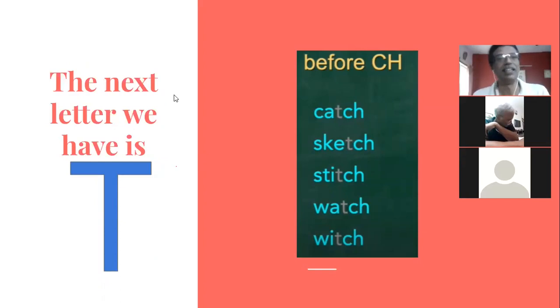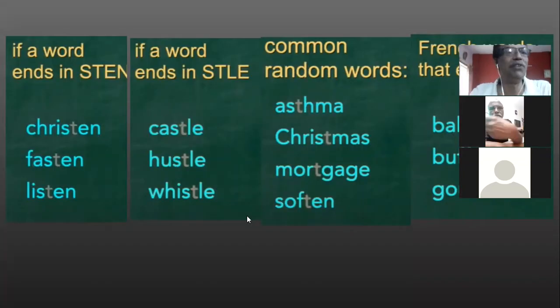The letter T. The letter T is always silent when it comes before CH, like catch. It's catch, sketch, stitch, and watch, and which. So it's catch, sketch, not with a T sound in stitch, watch, and which. If a word ends with S-T-E-N, the T goes silent. Christen, fasten, listen.